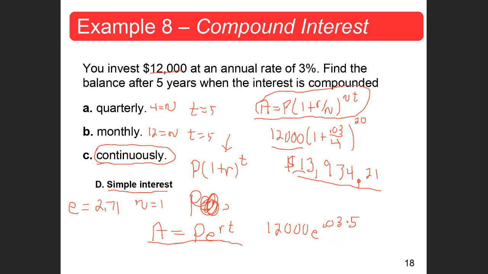It means you're not compounding anything, you're compounding once a year, so n is 1. If you put 1 in here and 1 here, you get A equals P times (1 plus r) to the t power. So you could use this formula instead of the other one, but you have to understand that simple interest means n is equal to 1. And these formulas are exactly the same if n is equal to 1.